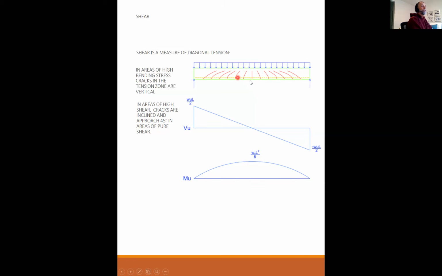Well, the stress is horizontal due to the normal stress, so the cracks are vertical. As we get out towards the fringes, the shearing stress produces a diagonal tension. So the tension is running in a diagonal. Actual mode of failure is diagonal tension.